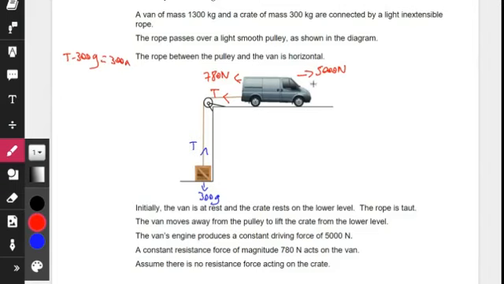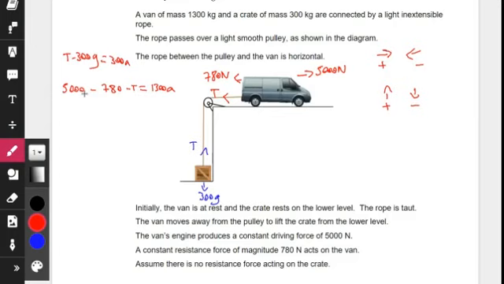And then our other equation from the van, saying that right is positive and left is negative: 5,000 minus 780 minus T equals the mass of the van times acceleration.